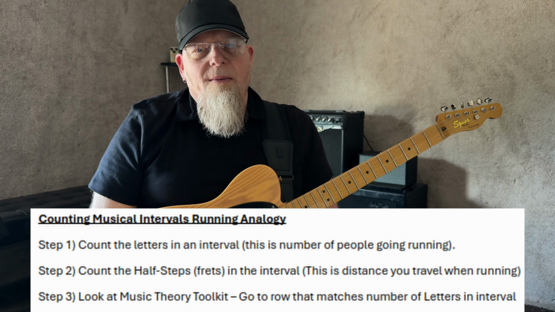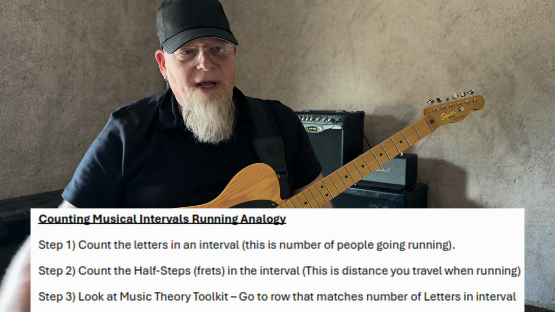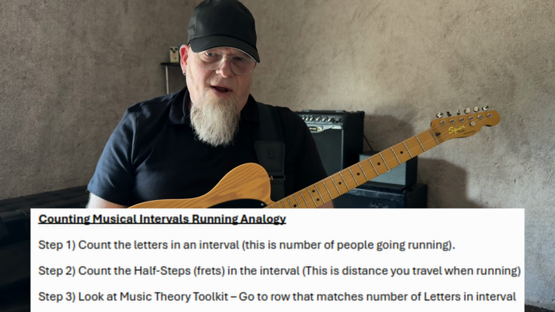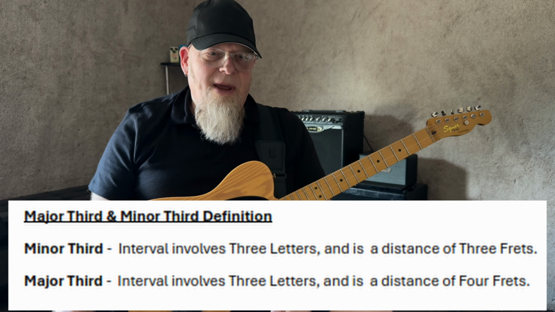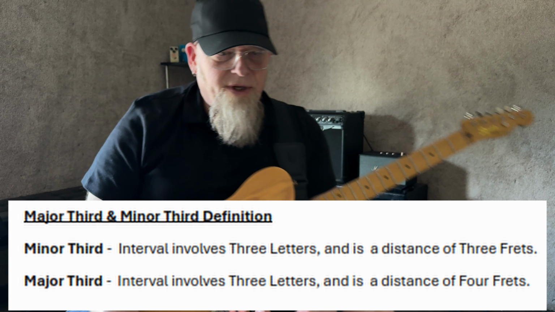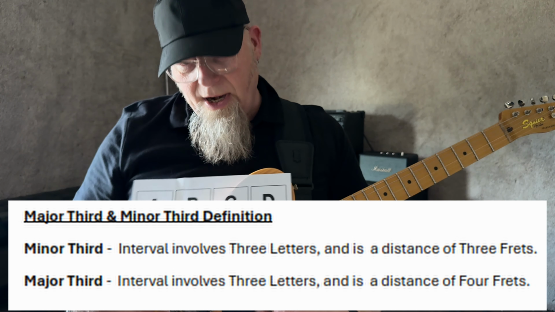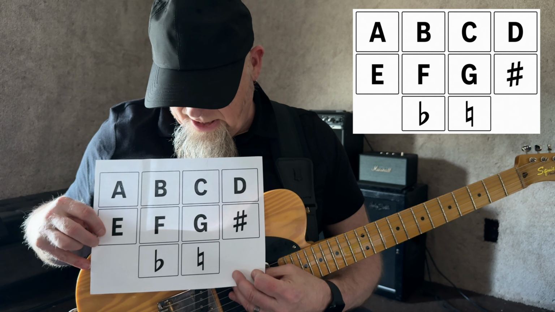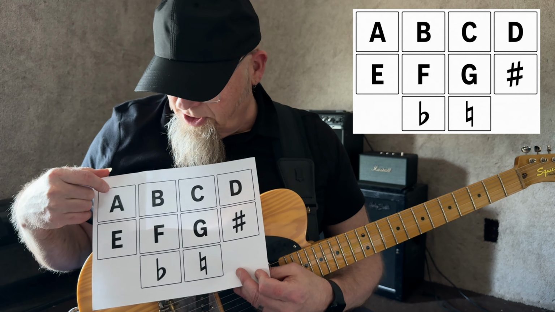Whenever we talk about intervals of a third, there are always 2 components in the naming of the intervals. There's the number, and in this case that's third. The number means there's going to be 3 letters involved. I have this printout that I made, and it shows the letters that are used to name pitches in music.